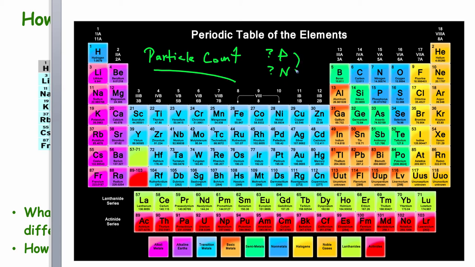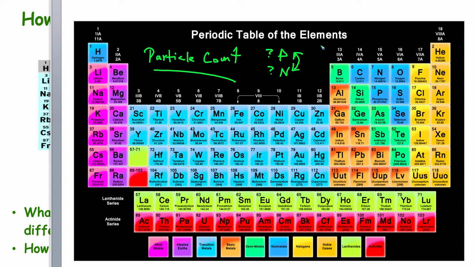And when we compare the number of protons with the number of neutrons, we're going to easily be able to see whether a given atom is an isotope of that element or whether it's actually a pure atom. And again, the word pure isn't a word we use in science to describe an atom of an element that has the same number of protons as neutrons, but I'm going to just use it for a while as we're getting used to it.